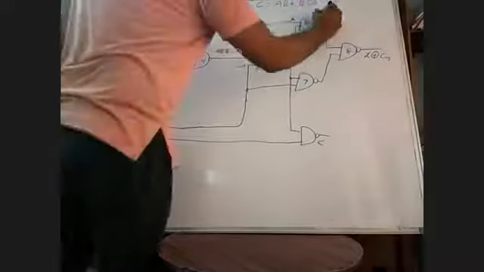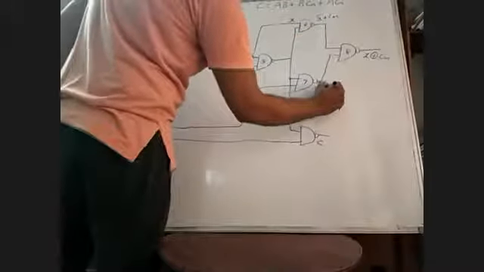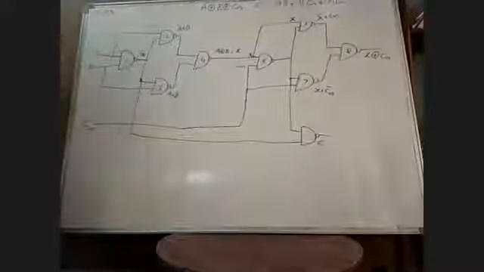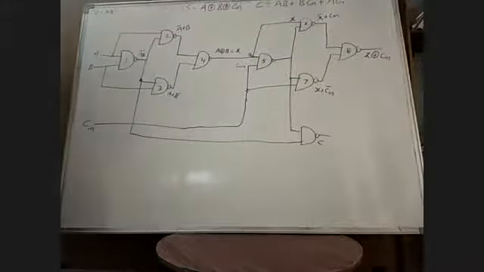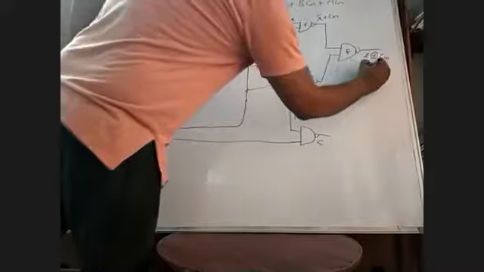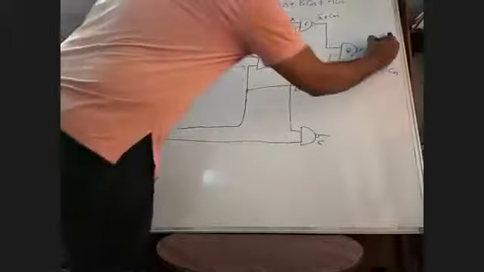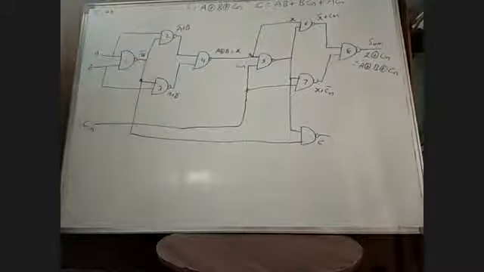This is X bar plus C in. This is X plus C in bar. And this output equals X plus C in bar, which equals A exclusive OR B exclusive OR C in. This is your sum output. We have to check the carry now.